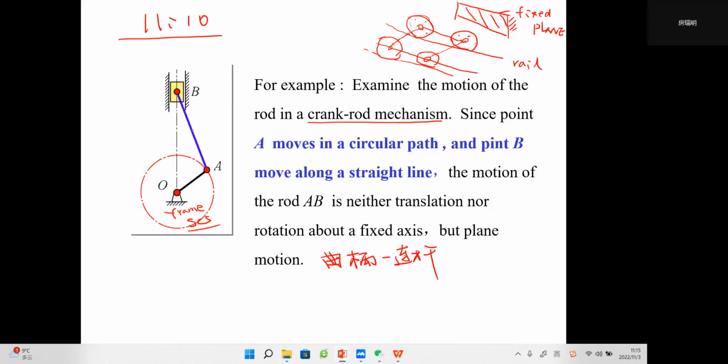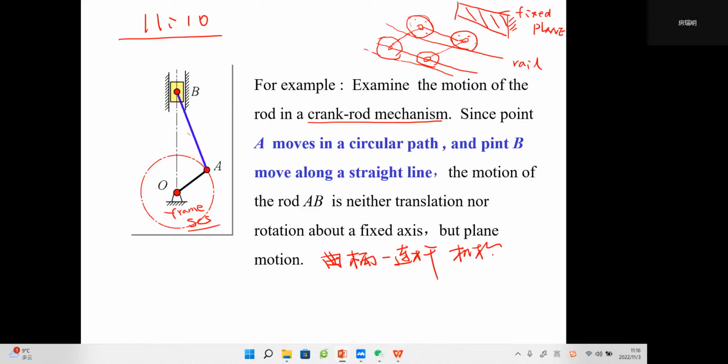Actually, it will have plane motion because it is not connected with the fixed frame directly. So it will have complicated movement. So plane motion is this rod. The whole name of crank rod mechanism, we Chinese call 机构, right?